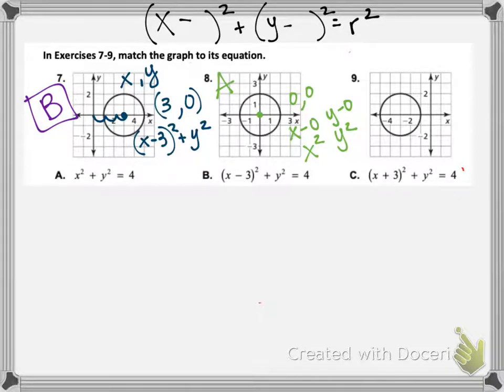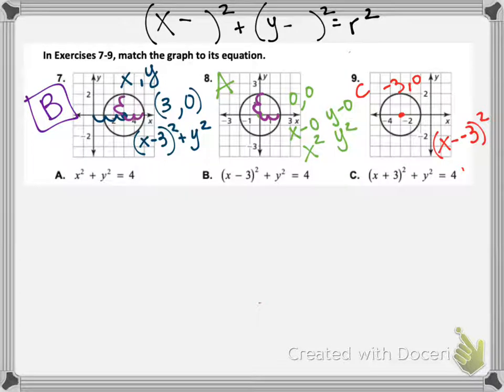And again, they all have the same radius of 2. 1, 2. They all have the same radius. So really, by process of elimination, we know 9 has to be C, but just to prove it, the center is negative 3, because it's over 1, 2, 3, and then up 0.